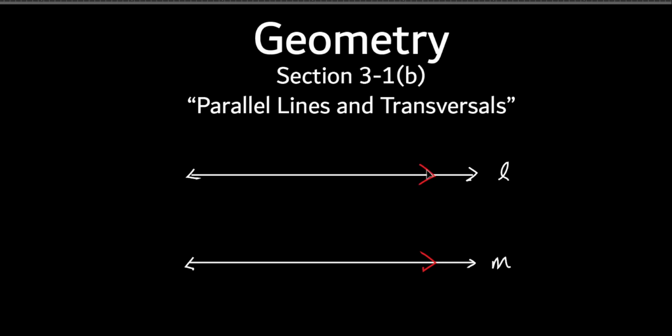Now, let's draw a transversal, and then we're going to talk about what we did yesterday. All right, so here's a transversal, and I'm going to put some angles in here. I don't know. Did we go 1, 2, 3, 4? Is that the way we did it yesterday? Okay, we'll do it the same way.